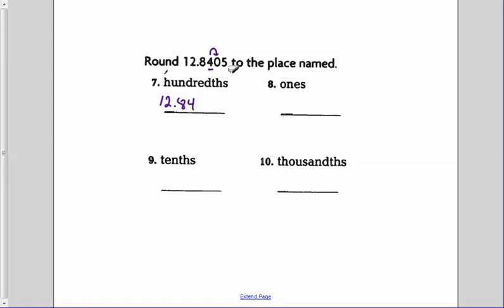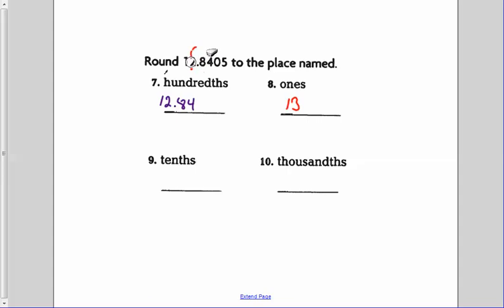Alright, let's try it again. I'll use a different color so that we don't mix it up. And we're going to round to our ones place. And our ones place would be our 2. So if we look to the digit to the right, it's an 8. So that means that we are going to round up. So this would end up to be 13.